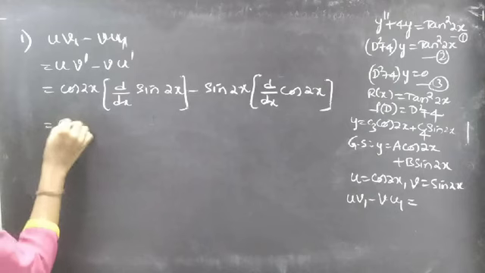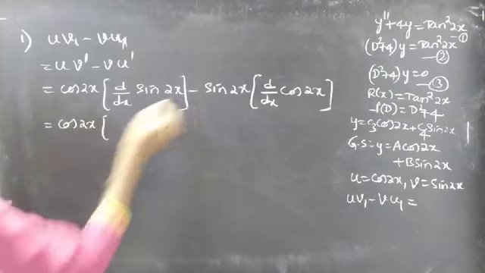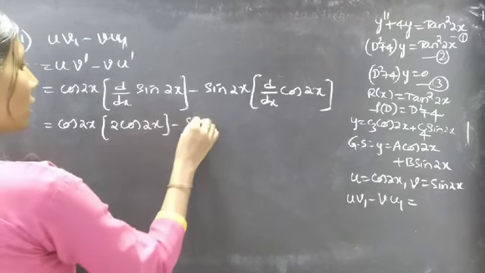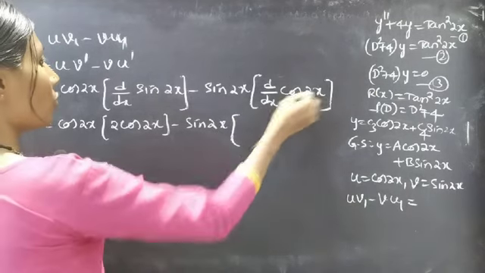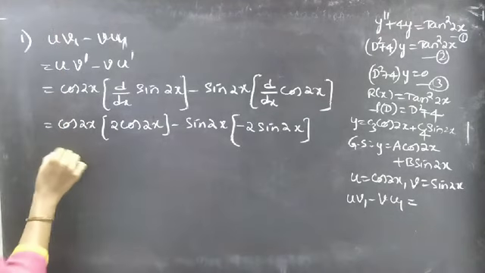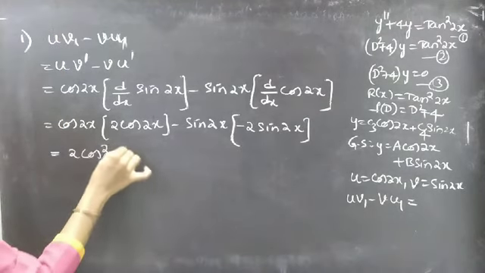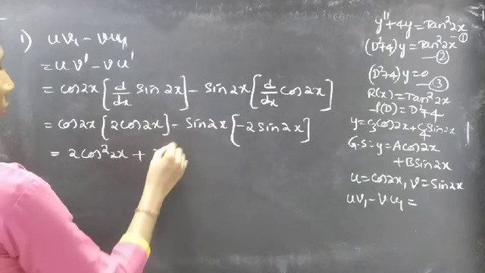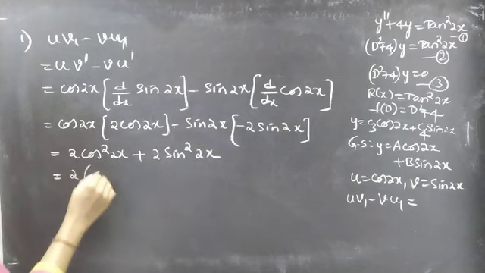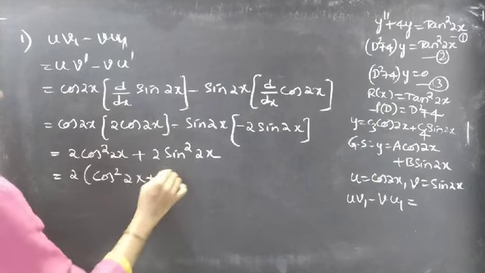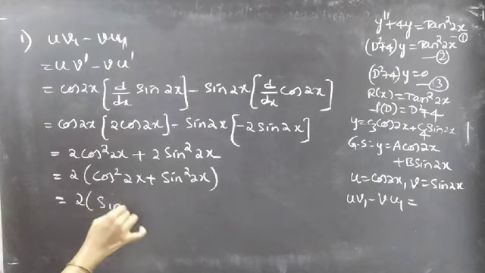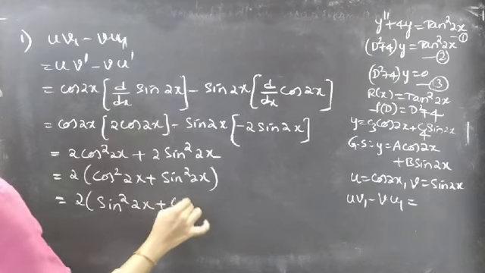This is equals to cos 2x into derivative of sin 2x with respect to x, which is 2 cos 2x, minus sin 2x into derivative of cos 2x with respect to x, which is minus 2 sin 2x, which is equals to 2 cos square 2x, minus into minus plus 2 sin square 2x. If you take 2 common, you'll get 2 times cos square 2x plus sin square 2x, or you can write it as 2 times sin square 2x plus cos square 2x.